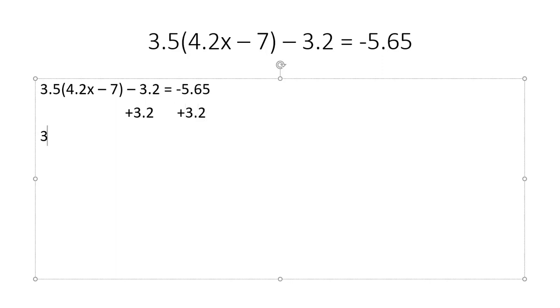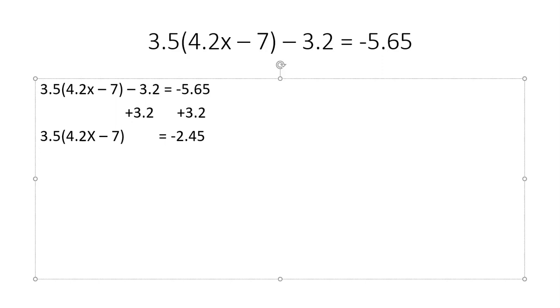When I do that, I still have this 3.5 parentheses 4.2x minus 7 parentheses. 3.2s are now gone, equals, and I type in negative 5.65 plus 3.2 is negative 2.45.